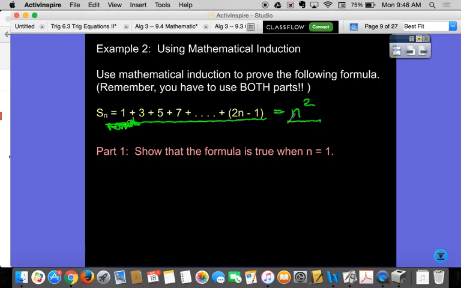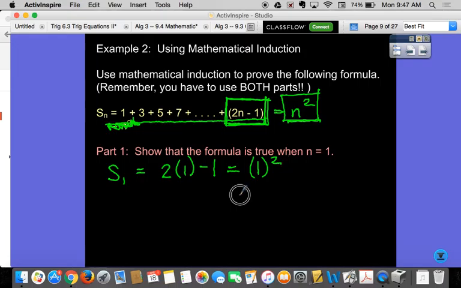First thing, we're going to prove that it is true for S sub 1. So, if you put in a 1, now keep in mind, when you do that, you're basically using this portion and this portion. You'll put in a 1 for the left side, and then you will put in a 1 for the right side.